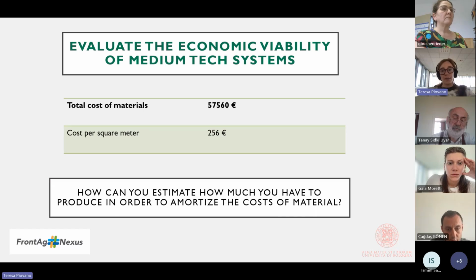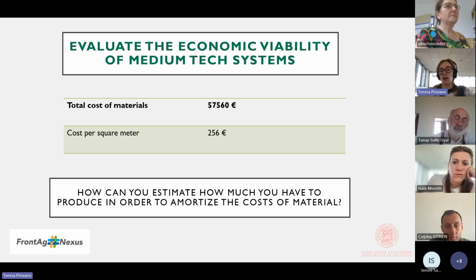So at the end, the total cost for the material, including also the assembly, was around 57,000 euro. So the cost per square meter, knowing the total surface, was 256 euro.